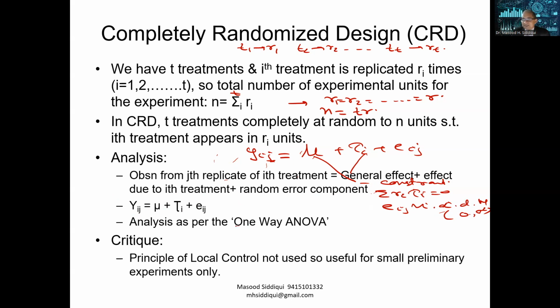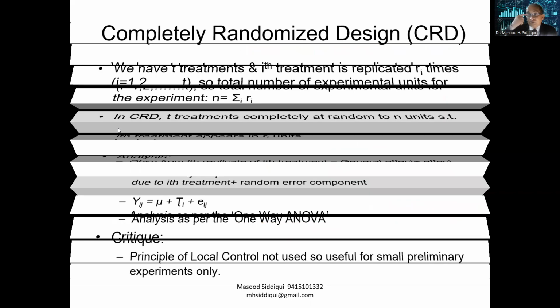And for the analysis, we require one-way ANOVA. So here I am explaining a bit of one-way ANOVA. Though we have covered one-way ANOVA earlier also, here we will be discussing it again. So here we will be examining H naught: tau 1 equals tau 2 equals tau 3, and so on, these being the different treatments.